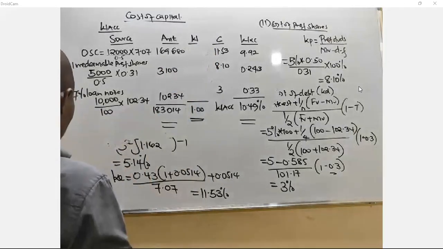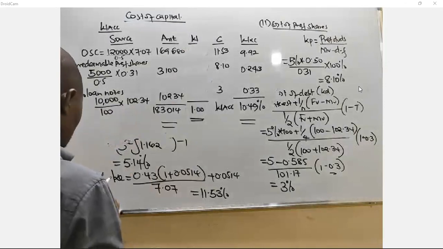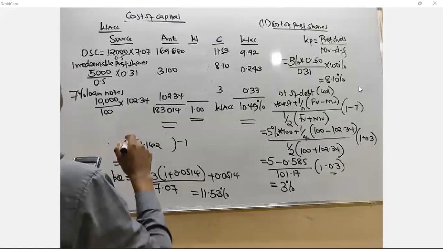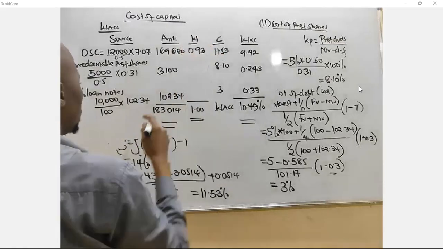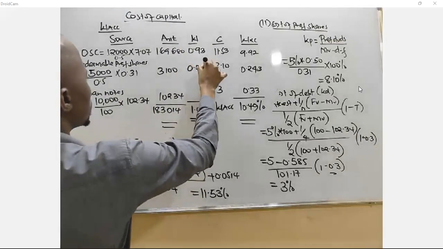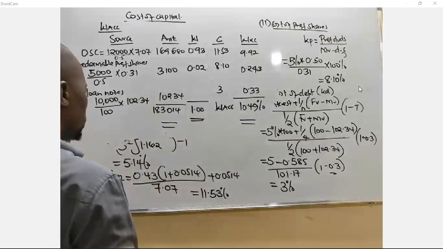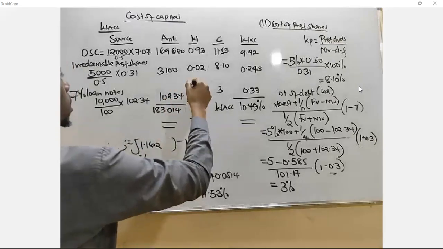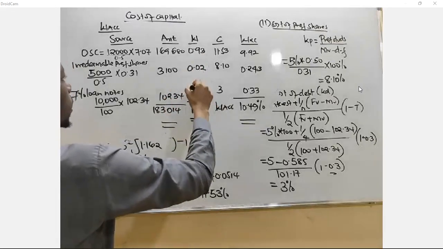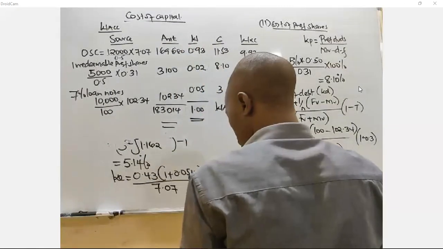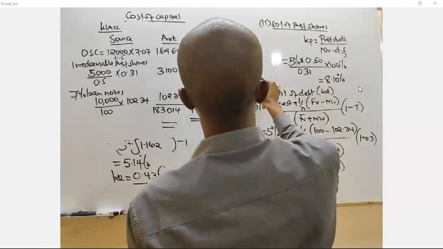So my weights are changing from the ones that we had. We divide by 183,014. The first one is 0.93. Then 3,100 divided by 183,014 gives 0.02. Then we have 10,234 divided by 183,014, getting 0.05. Correct. Once you multiply, 0.05 times 3, you get 0.15.